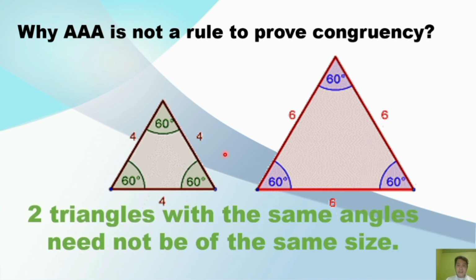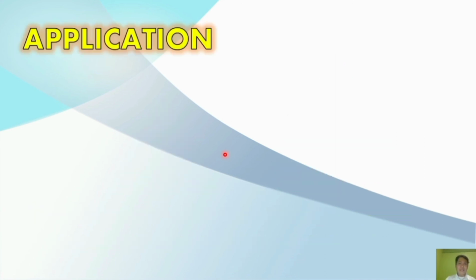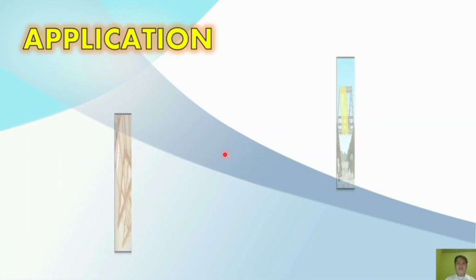Therefore, two triangles with the same angles need not be of the same size. Hindi nangangahulugan na kapag magkaparehas ang measurement ng tatlong angles ng dalawang triangle, ay parehas na rin ang measurement ng kanyang sides. Okay?